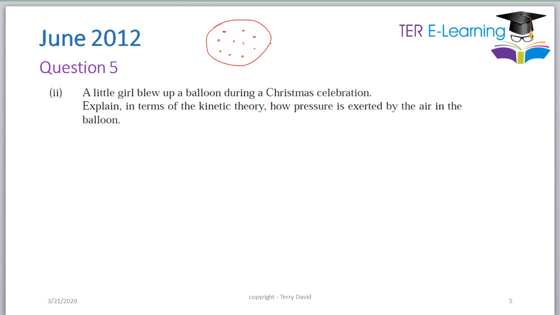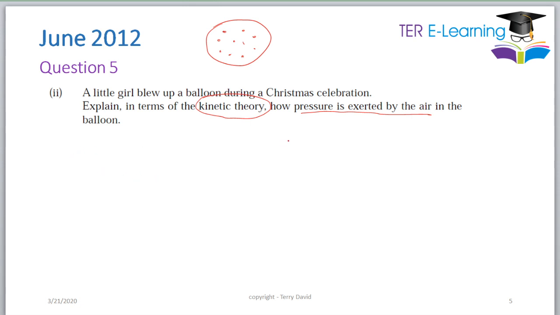Everything is made up of particles. We want to explain how pressure is exerted by the air in the balloon, and we're going to use the kinetic theory to do this. Please, when you are answering questions, you need to be crystal clear about what you are saying. It's not about talking a lot, it's about saying exactly what is required.